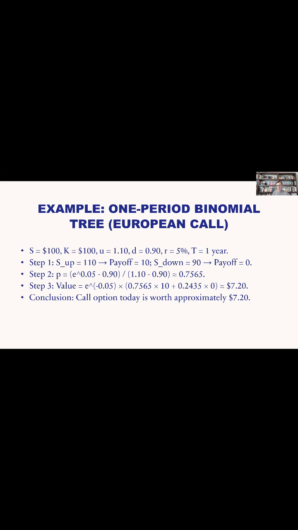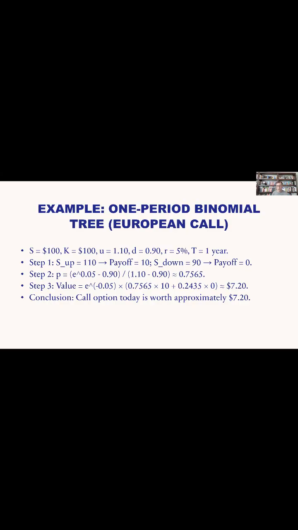It's pretty consistent, so if you have multiple steps, that P is pretty much the same. It doesn't really change. P is calculated using U and D as well as the interest rate, and it gives you a value of 0.75.